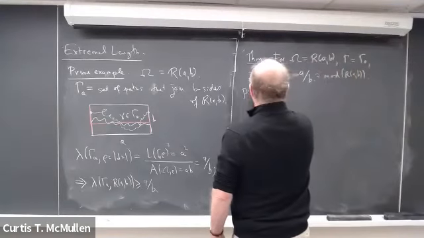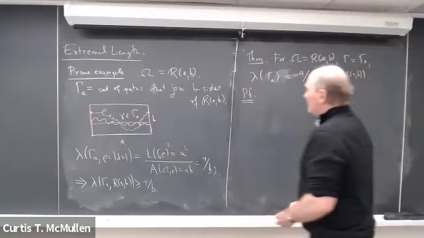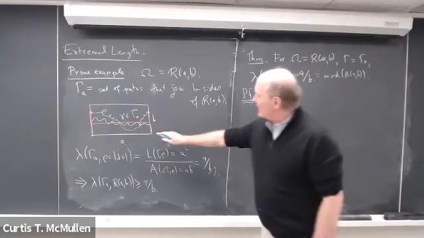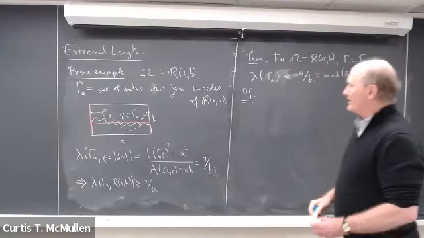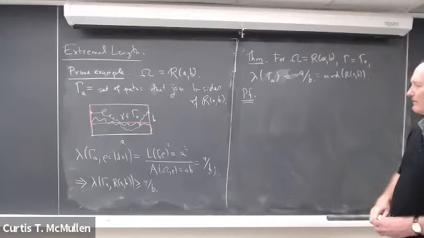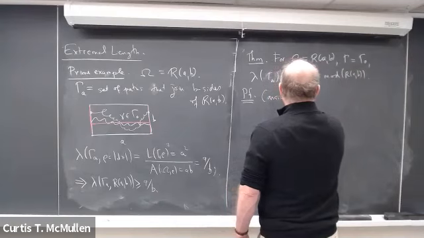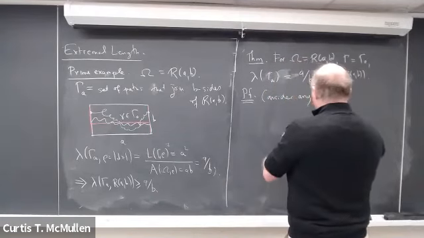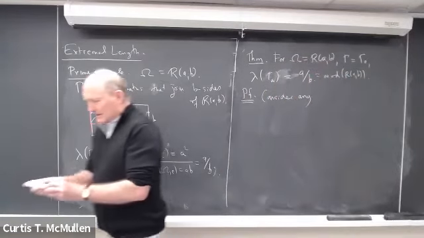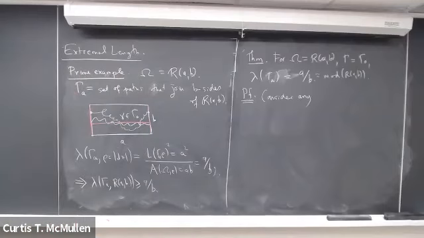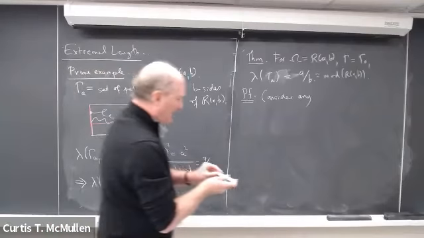Okay, so what's the proof? What we have to do is analyze what happens for an arbitrary conformal metric rho. So consider now any conformal metric rho on our rectangle.